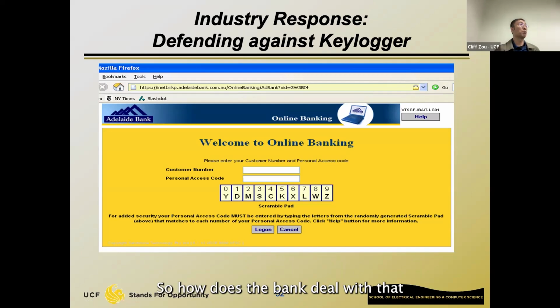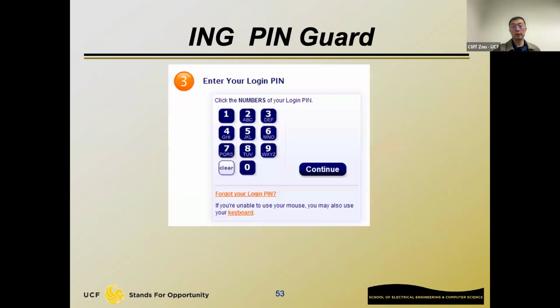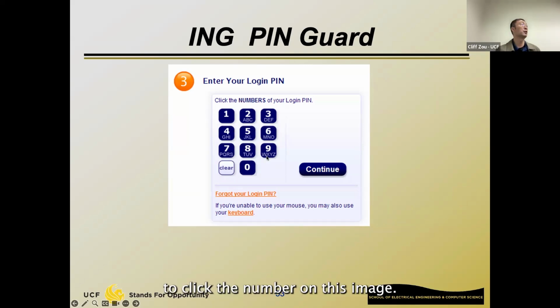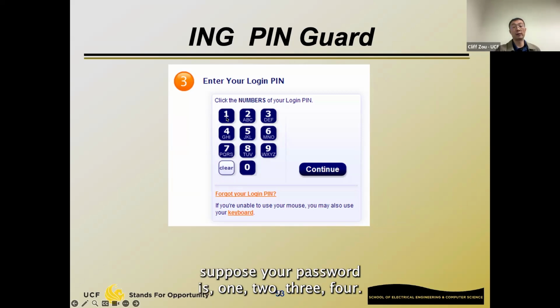So how does the bank deal with that? Like this bank, when they ask you to input your password, they ask you to use the mouse to click the numbers on this image. Suppose your password is 1234.